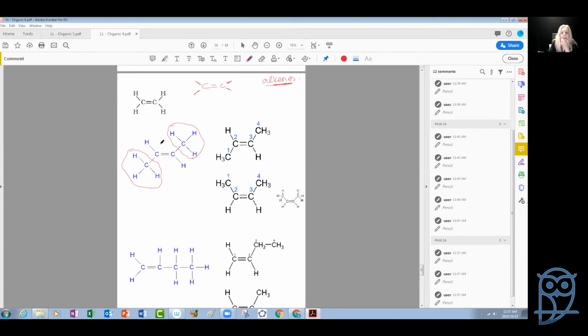Now, look at this, for example. You see one of these two bonds that I have drawn here, the one is connected to this hydrogen, the other one is connected to a methyl group. This is a methyl group, isn't it? We can also show it like that if we don't want to make long drawings.